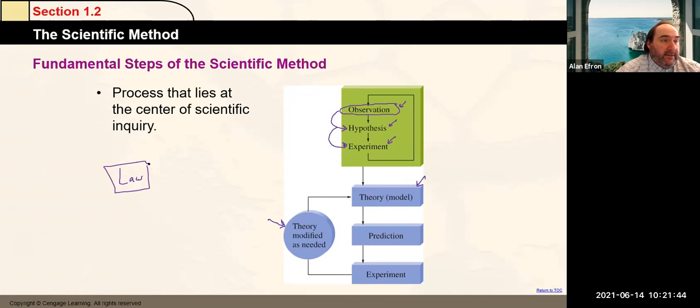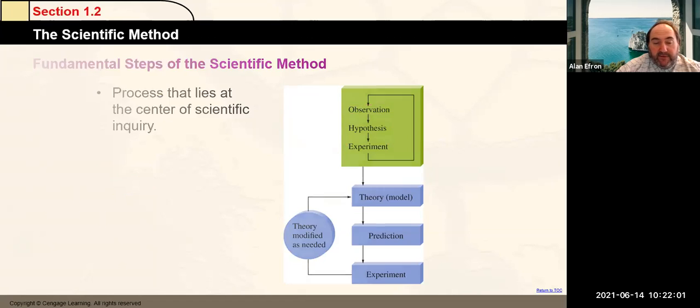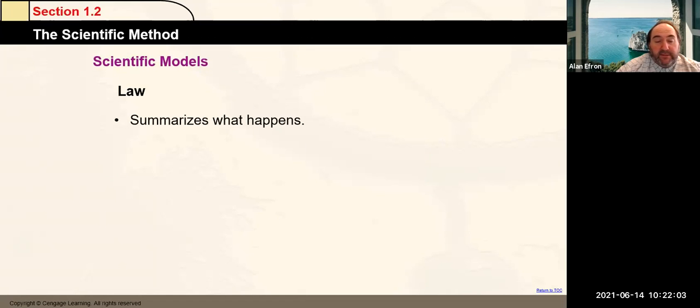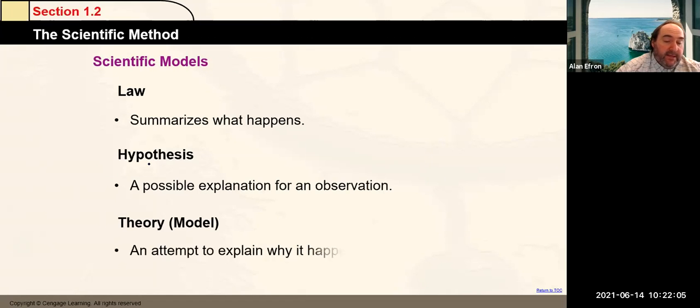So, a theory is a predictive model that tries to explain what you're seeing. Maybe not correct in all aspects, maybe will be found later to be disproven in some aspects. And again, that's different than our law, which really does summarize what happens. It always happens that way, no matter what the situation is.